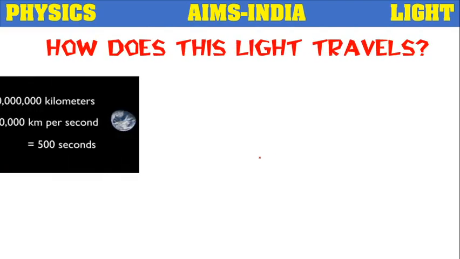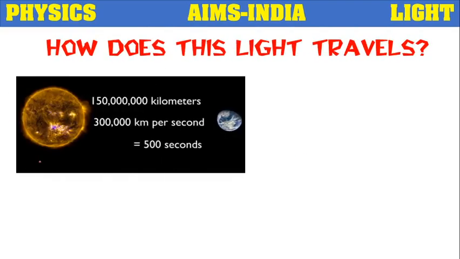How does this light travel from the sun to earth? We have a distance of almost 150 million kilometers. The sunlight from the sun will reach the earth in 500 seconds.